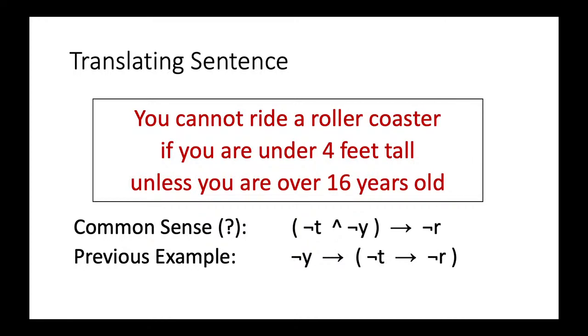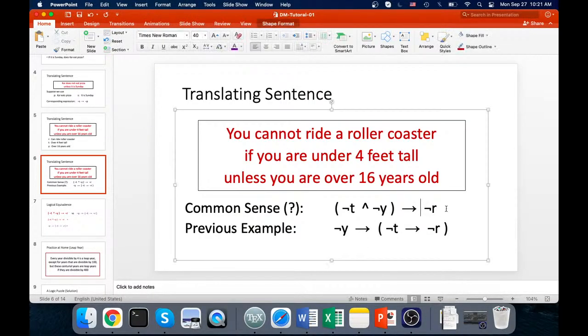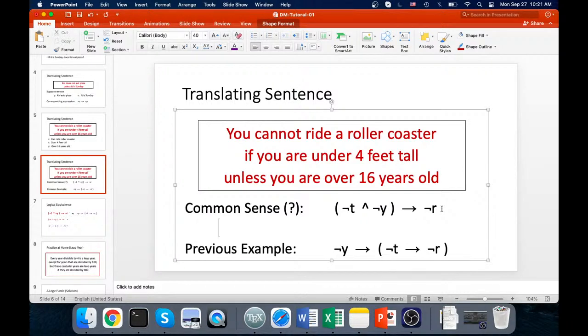I also see a lot of answers in the discussion board that are also correct. So one says that instead of writing this one, we write R implies T or Y. Someone gives this answer.